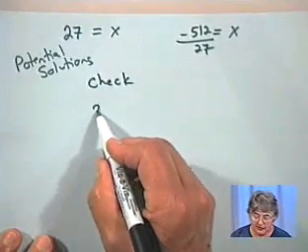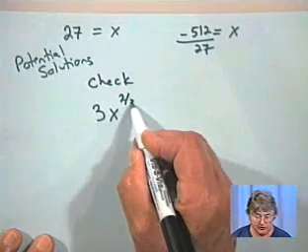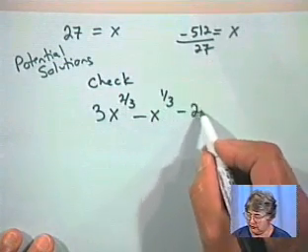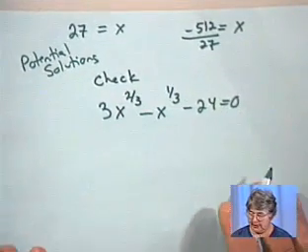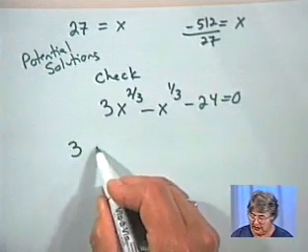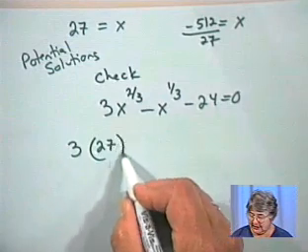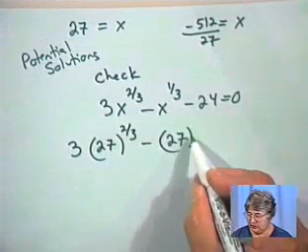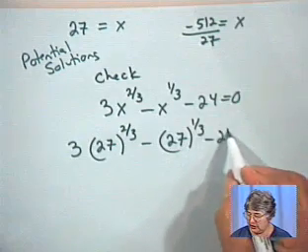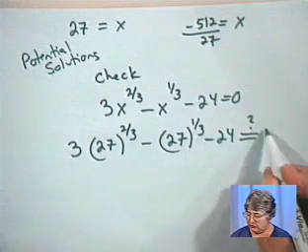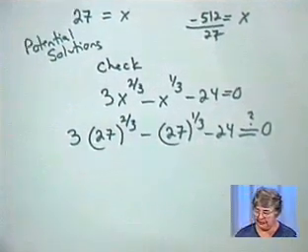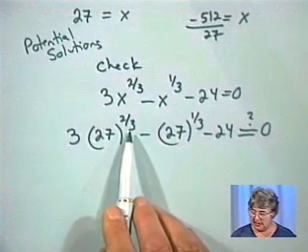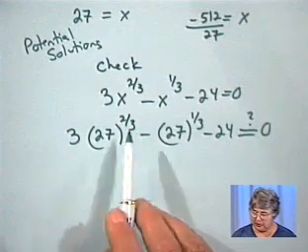We go back to the original equation, which was 3x to the 2/3 minus x to the 1/3 minus 24 equals 0. Okay? So if we put 27 for x and take that to the 2/3 power, minus 27 to the 1/3 power, minus 24, is this going to be equal to 0? That's what we want to know, right? But remember that when we take a number to a rational exponent, the denominator of the exponent tells us the root.